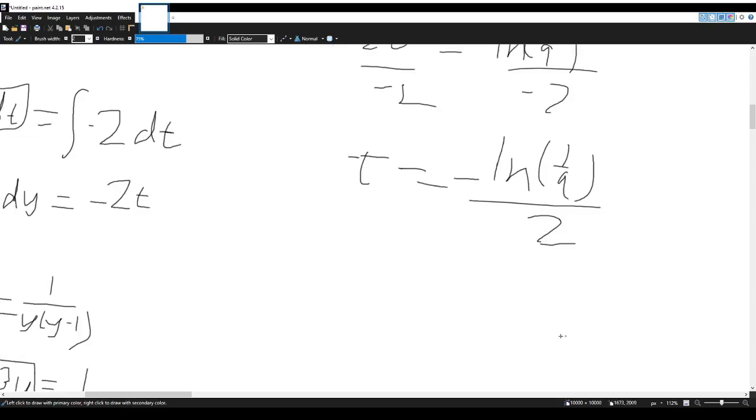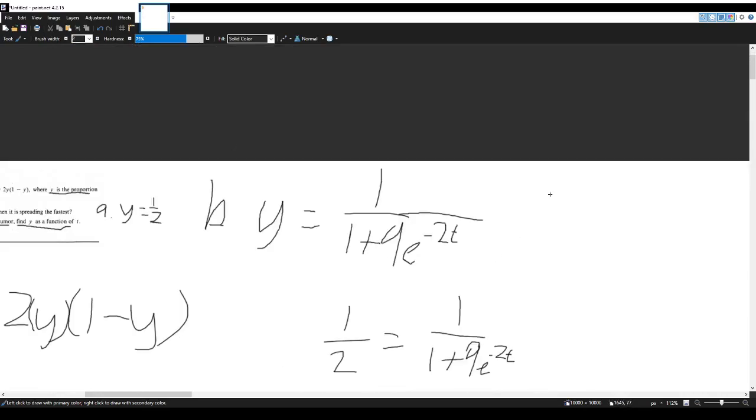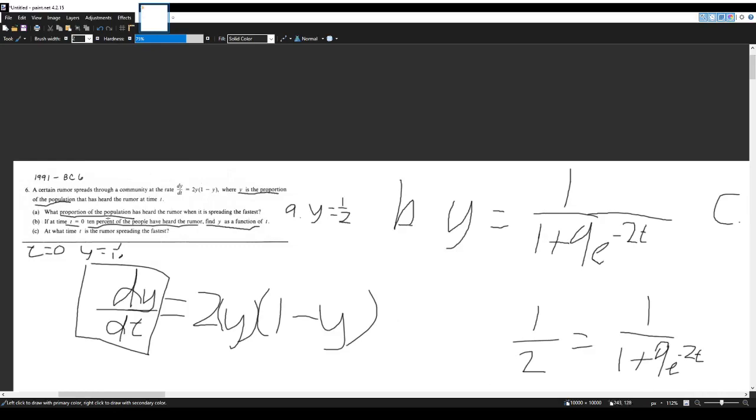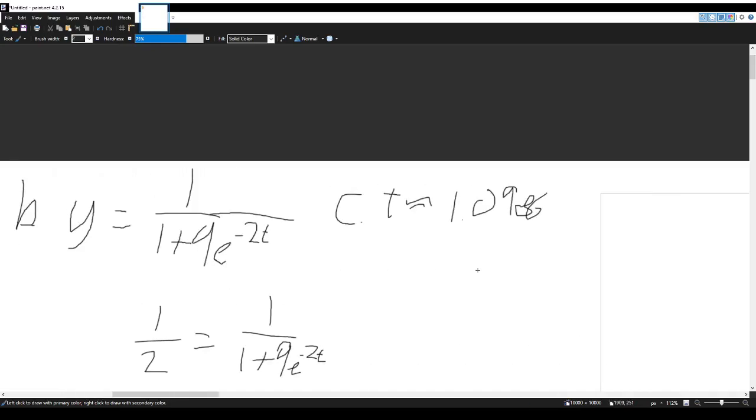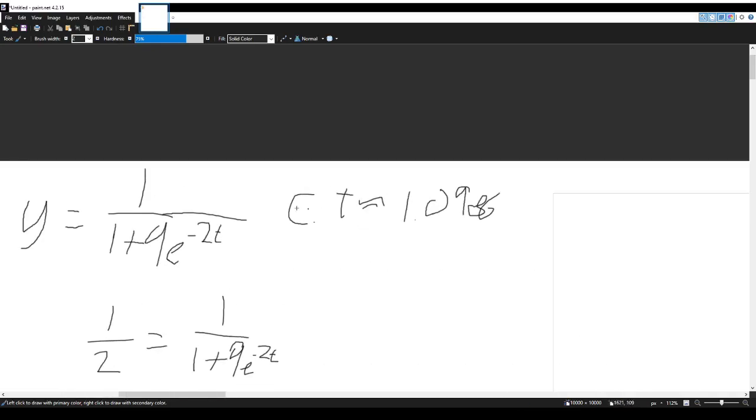And you get, let me just write it up here, the answer for C is that t is approximately 1.0986. I don't think we're actually given units for this, are we? Time t. I don't know, this could be years, could be months. I don't really know, but that's our answer.